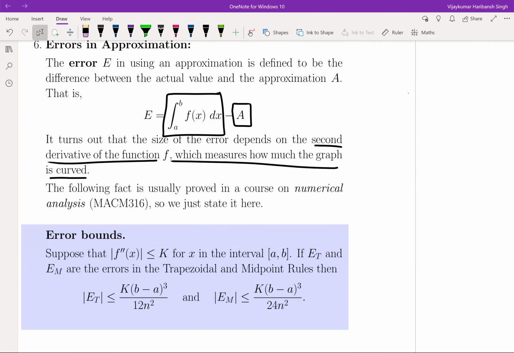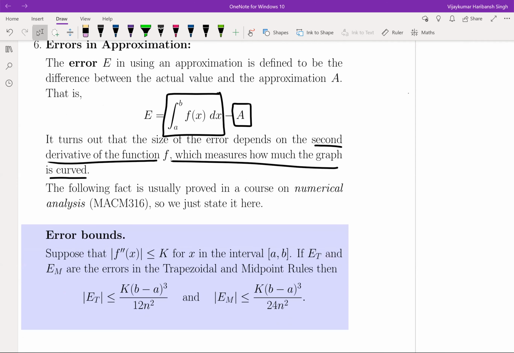Like you did Newton's method in calculus 1, to find roots approximately: how much is the error in each step, and how many steps does it take to converge to the solution? Or if you take matrices, you measure their eigenvalues. If you try to have approximate eigenvalues, how much error is there? All these questions are answered in MACM.